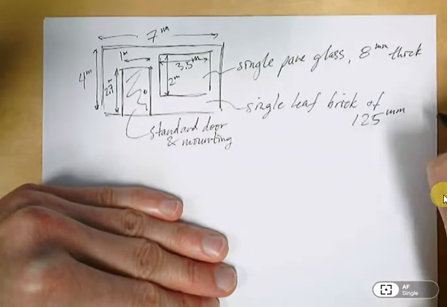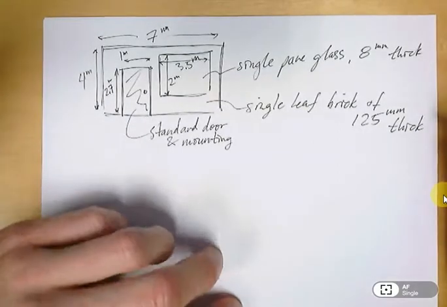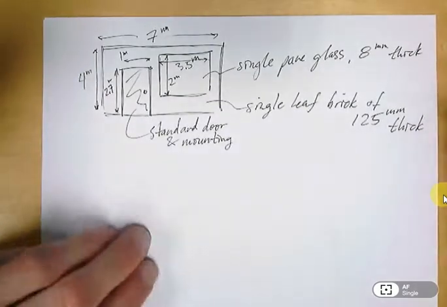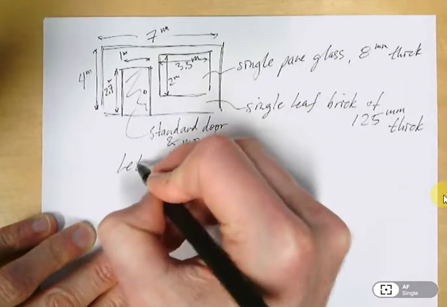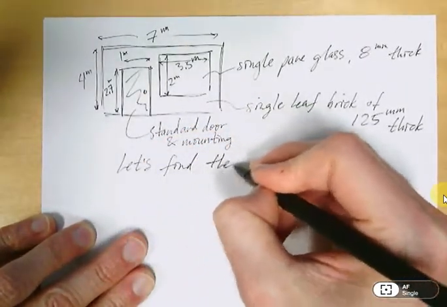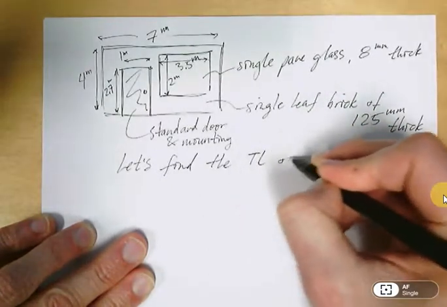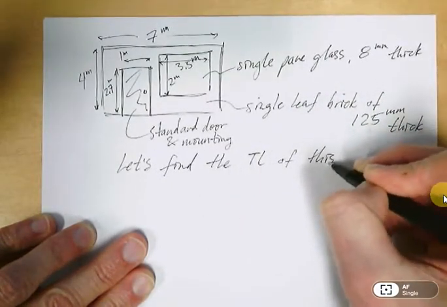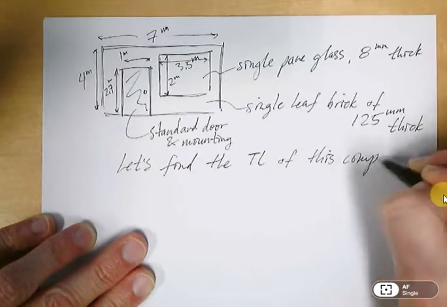It's a standard moderate thickness brick. So let's find the TL of this composite wall.